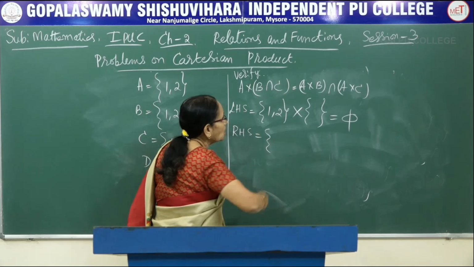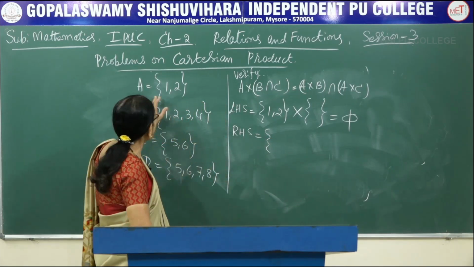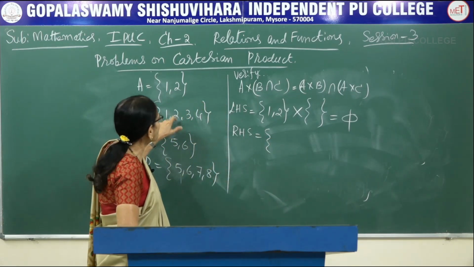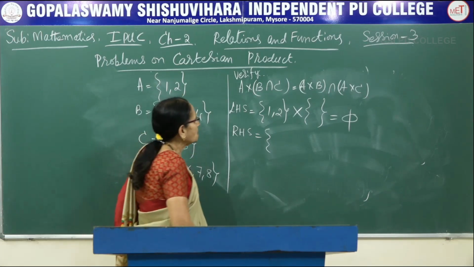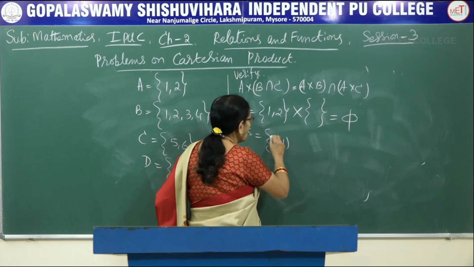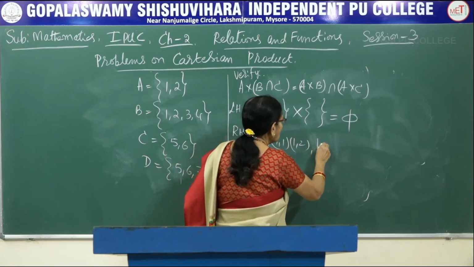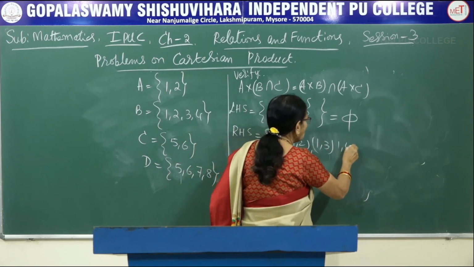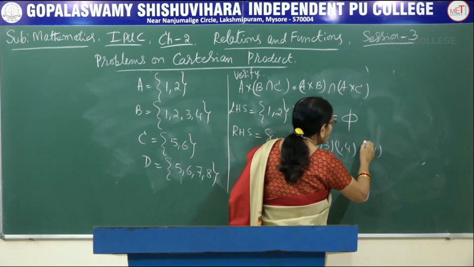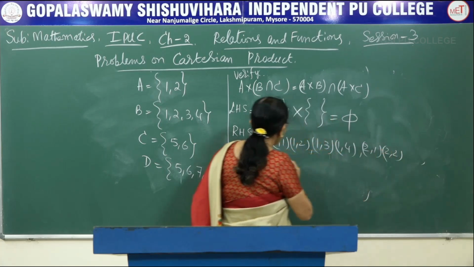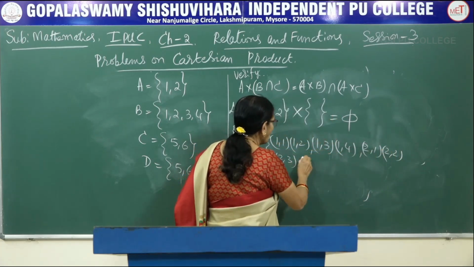Right hand side, you have to take A cross B. A cross B means write all the elements, 2 here and 4 there, so that would be 2 fours are 8 elements. It is 1 1, 1 2, 1 3 and 1 4. Correct? And then 2 1, 2 2, 2 3 and 2 4.